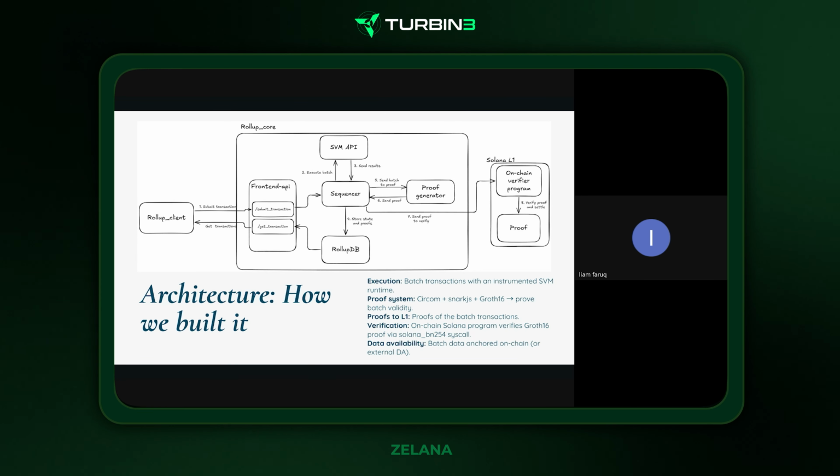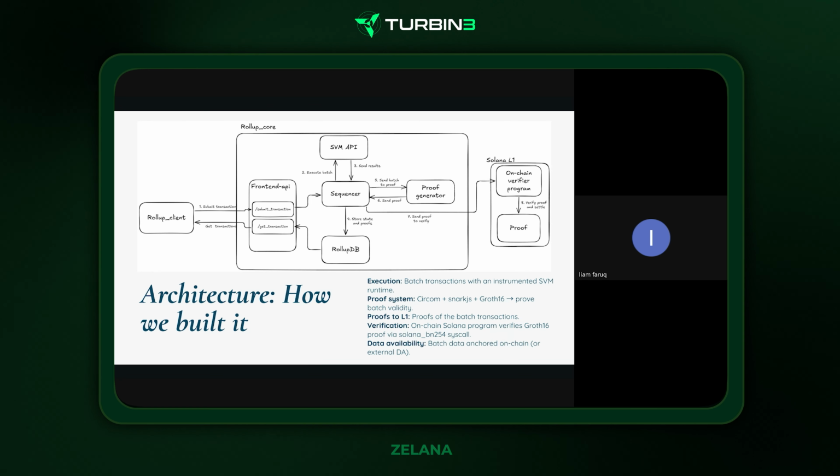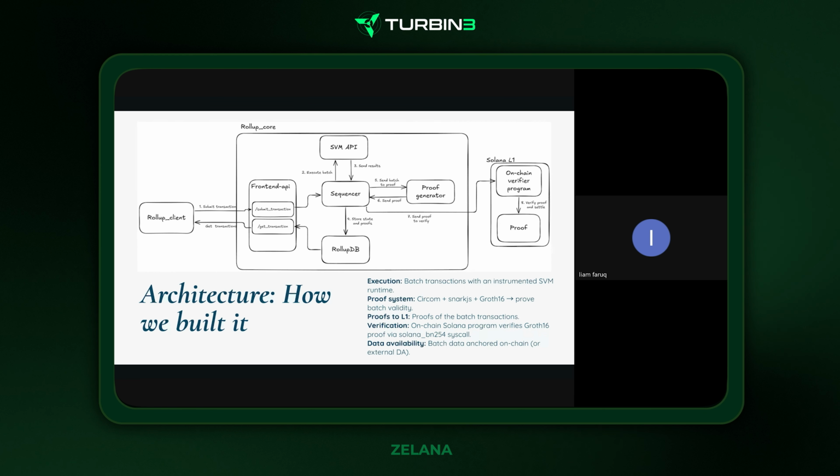Inside the rollup core, we have something called a sequencer, which is used to batch the transactions, and it connects to an SVM API. And then we send the batches into a proof generator, which creates a ZK SNARK proof, and then we verify on chain through a verifier program.